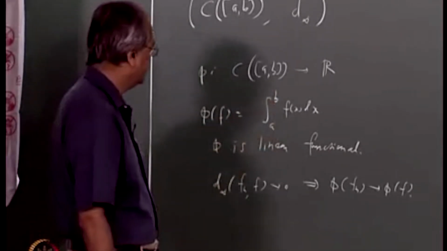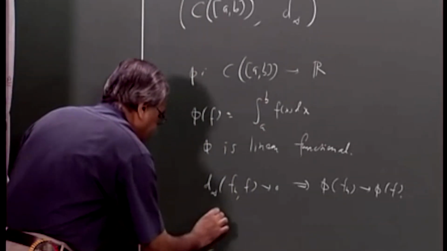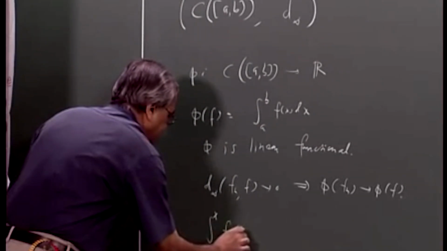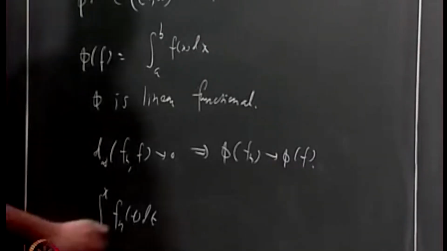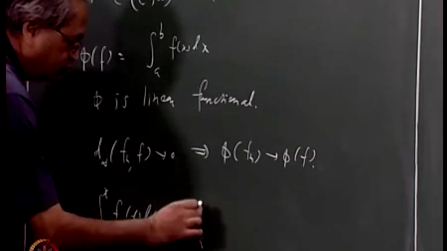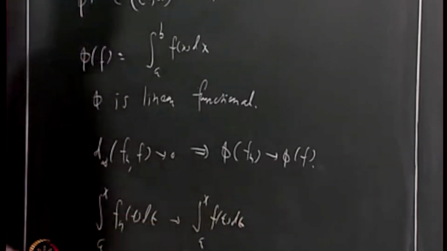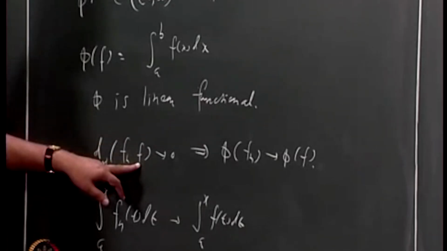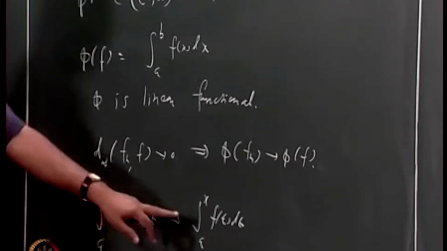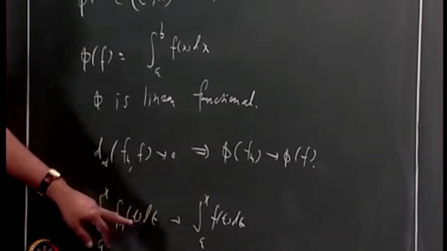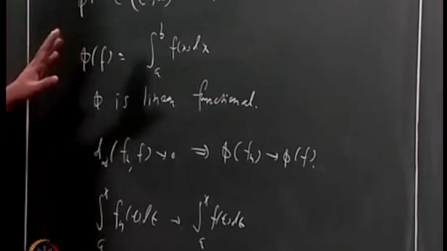For example, I can consider integral a to x of fn(t) dt, and this will converge to integral a to x of f(t) dt. If fn converges to f uniformly, whatever x you take in [a,b], then integral a to x fn(t) dt will converge to integral a to x f(t) dt. So it means that the upper limit need not be b. It can be any number.